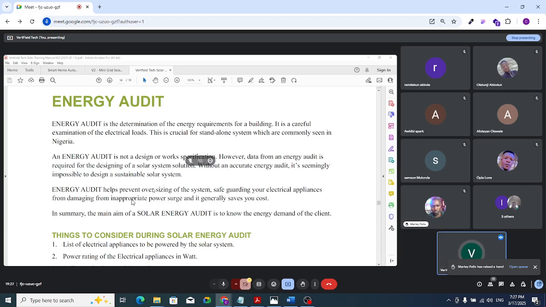When you move to the third paragraph, energy audit helps you prevent oversizing of the system, safeguarding your electrical appliances from damage from inappropriate power surge, and it generally saves you cost. All right, I hope you guys are there.